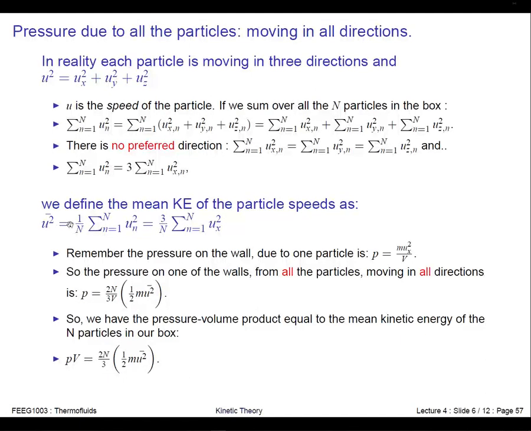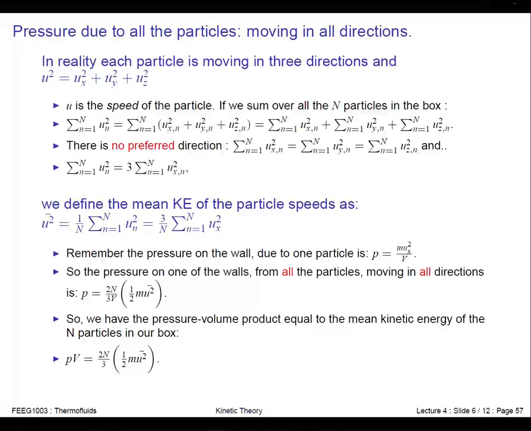So we can do that for the square of the speeds, and that's the sum of all of the squares divided by the number of particles we've got in our box, and as we've found out up here, this is just 3 times the sum of one of the components divided by N, which is the number of particles in the box.